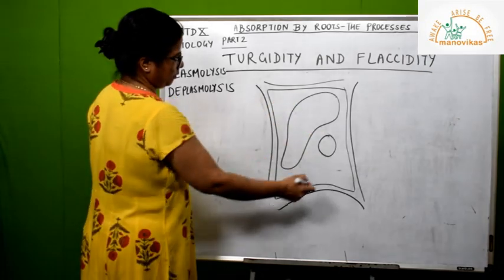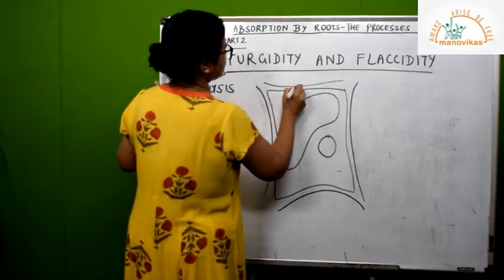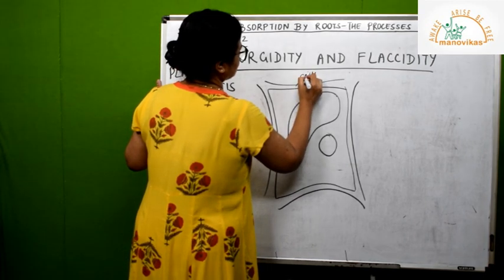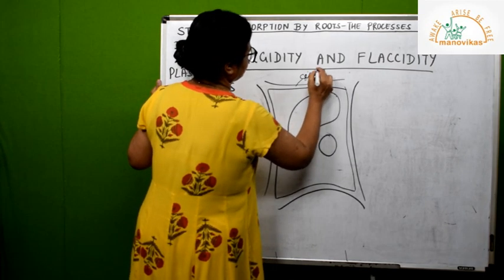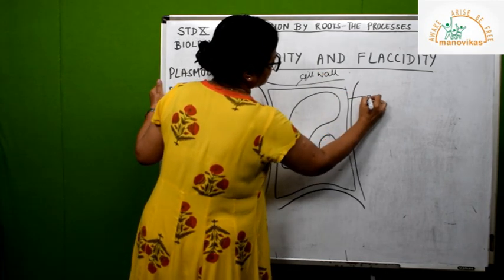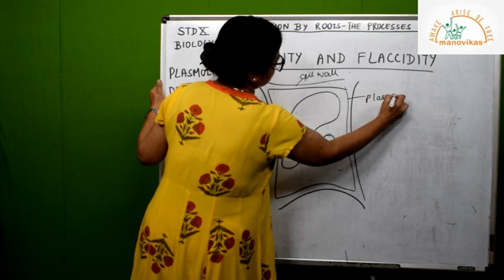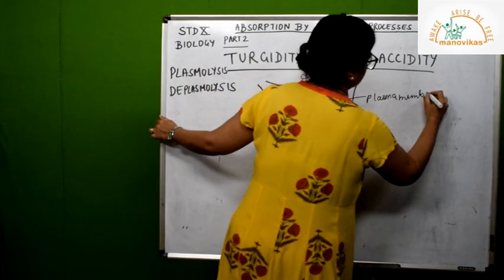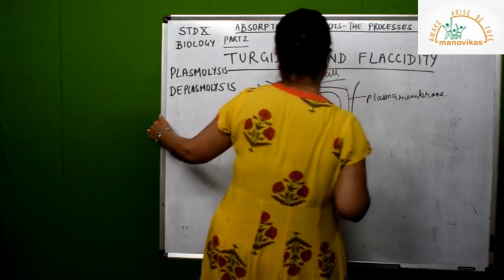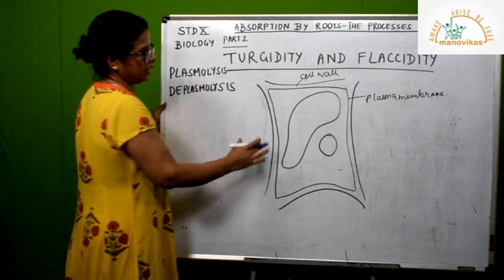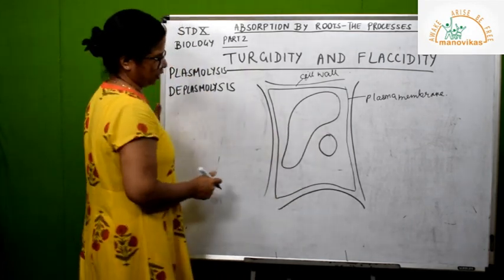Look at this diagram of a plant cell. You can see this is the cell wall, and here is the plasma membrane. Now this cell, as I just told you about turgidity, is in a fully turgid condition.